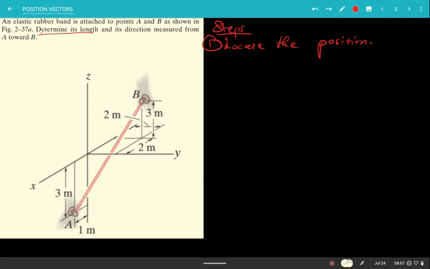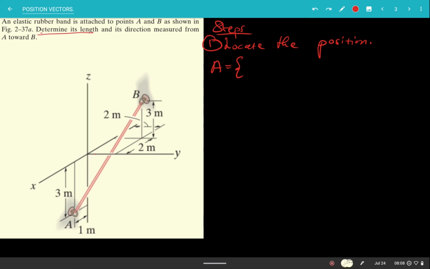So let us locate point A. If you look at point A, we need to know the position of point A in space, in the sense that we need to know its position in the I-axis, J, as well as the Z, which is the K. So we need to know the position in the X-axis, this axis. We also need the position of point A in the Y-axis, as well as the Z-axis.